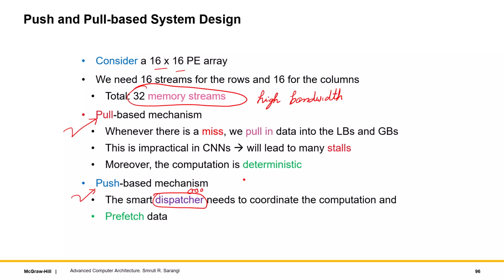So you can bring in data, predict it, prefetch it, keep it in the caches, and use it. So this is a push based mechanism based on prediction and prefetching, which in this case is far more practical because CNNs have known access patterns by and large. The only non-determinism is the sparsity.